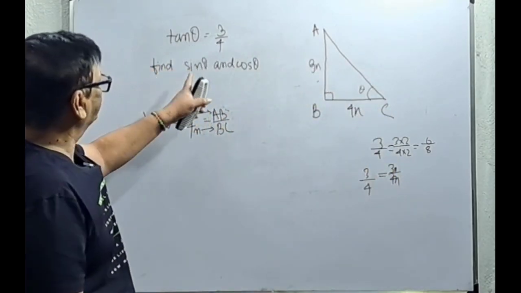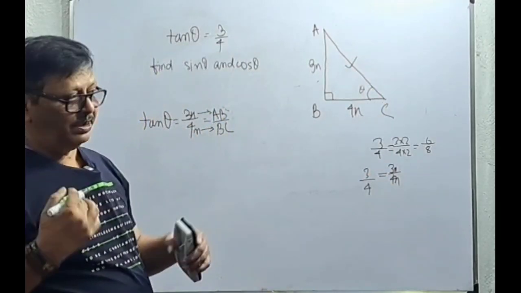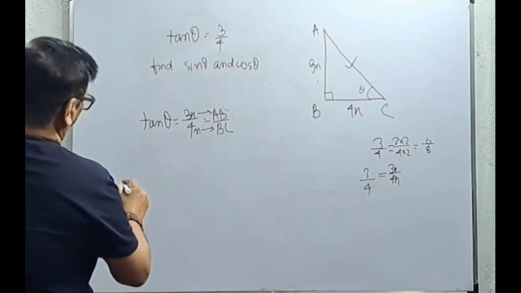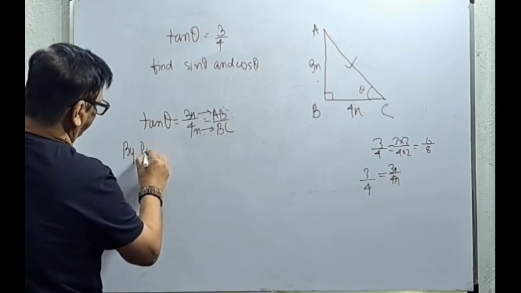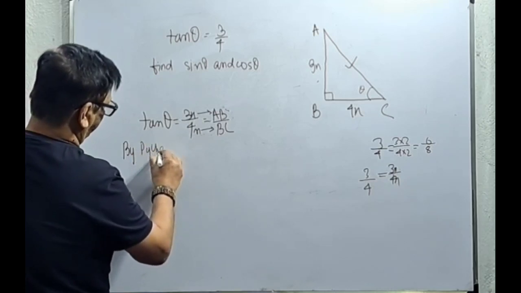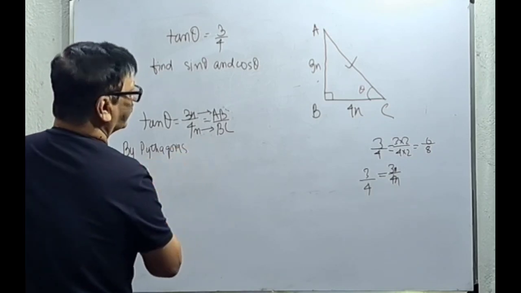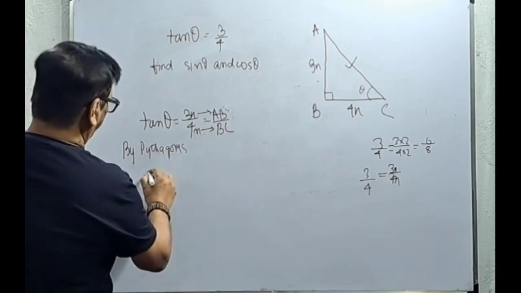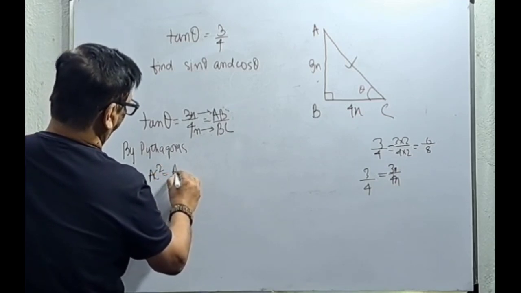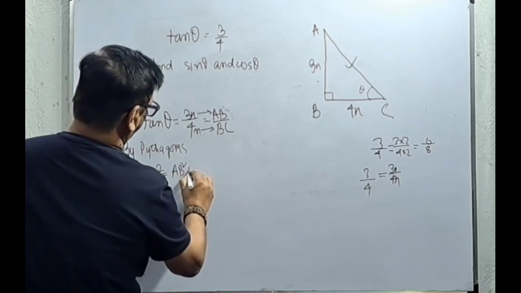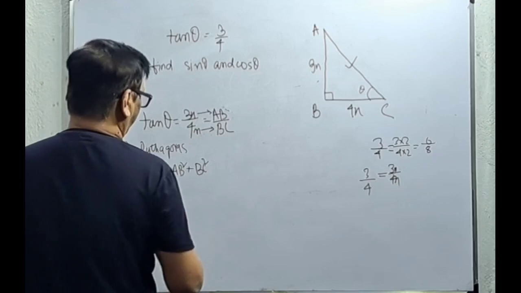Now for finding sin theta and cos theta, we need the third side, so we apply the Pythagoras theorem. By Pythagoras, AC square is equal to AB square plus BC square.